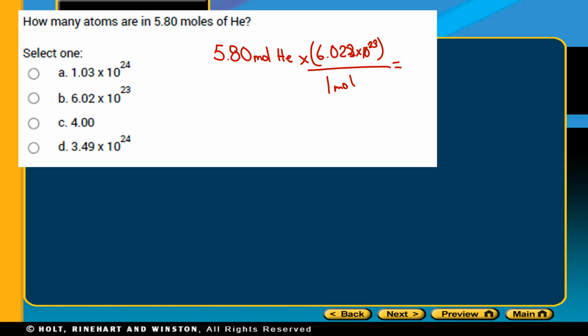All right. So which answer choice is going to be our best answer choice for that? D, because 5.80 times 6.022 gives us 34.9, and so we can shift it to 3.49 times 10 to the 24th. All right, questions on that?